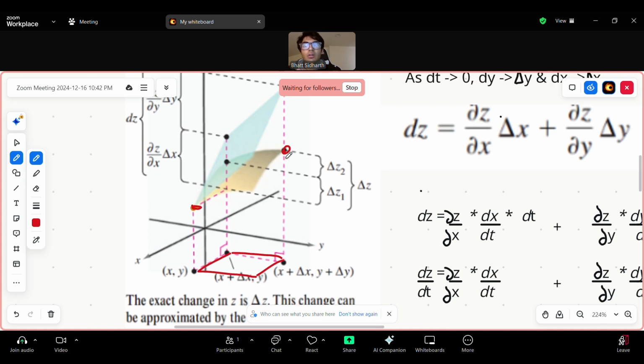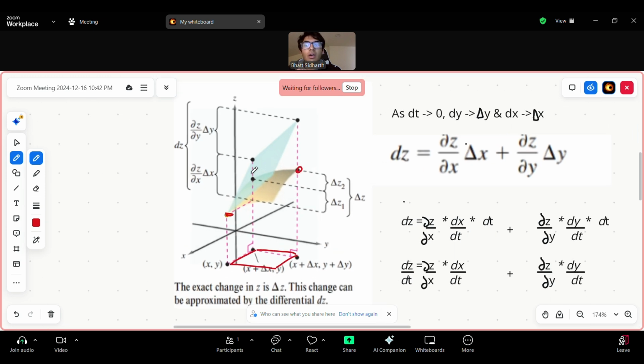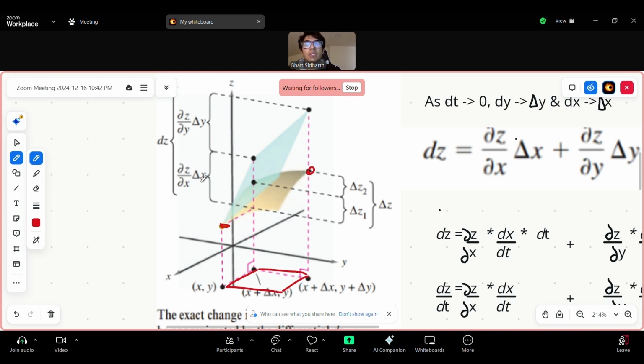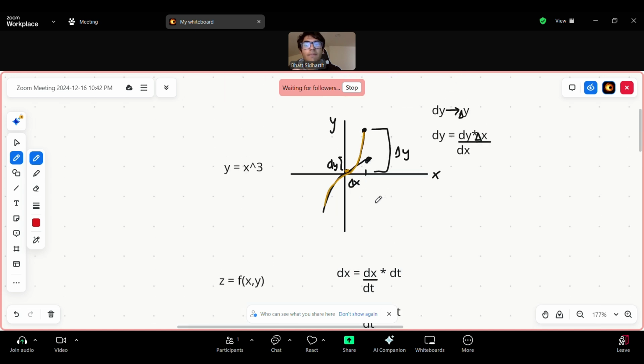And since we want to figure out what delta z is, not dz, as delta x becomes really, really small, our dz will approach delta z. You can see over here that if we just look at the xz trace, there's a secant line where z is in terms of x, and then we can go back to our graph over here. So as delta x gets really, really small, dz approaches delta z.